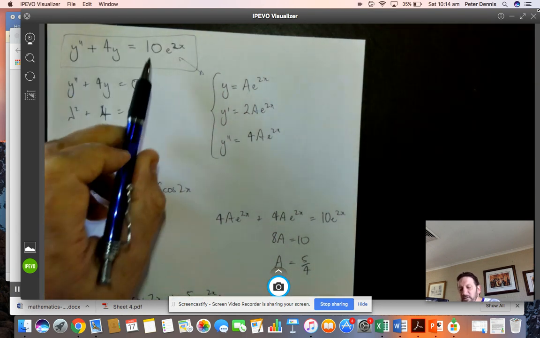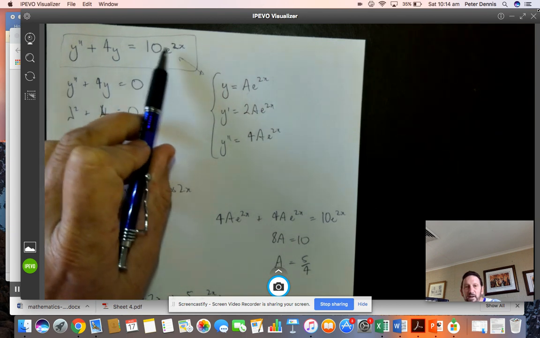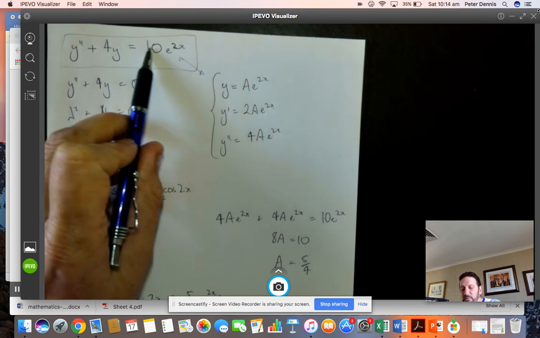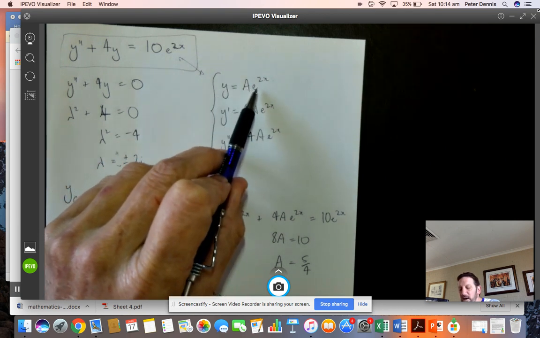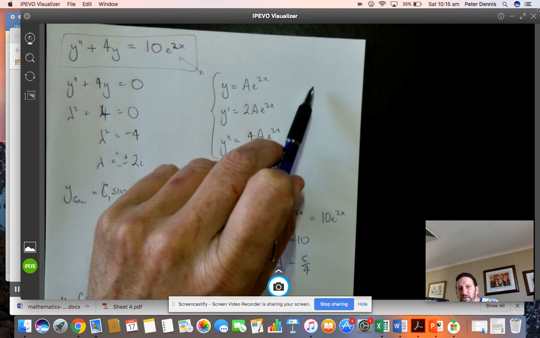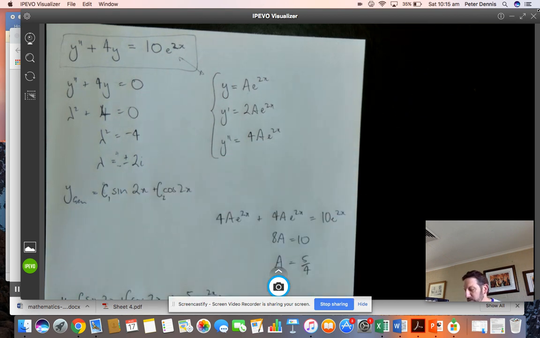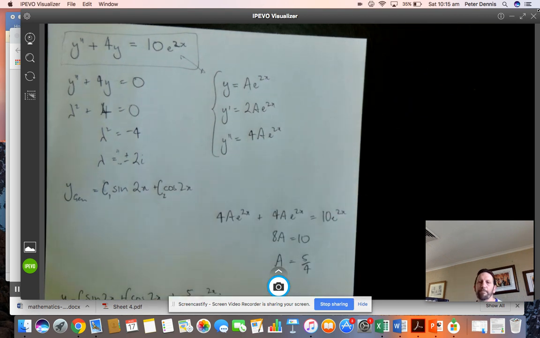And again, if this had been sin x, then that would have been your form here, something like a cos x plus b sin x, and we'll solve for a and b. Okay.